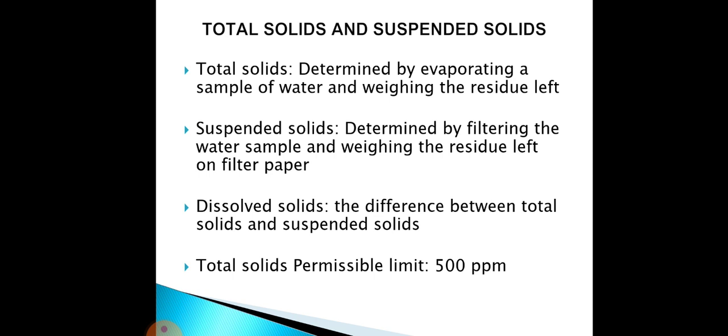When the value exceeds this, the water is unfit for drinking. Only if the total solids present in a given sample of water is within 500 parts per million is the water fit for drinking, or we can say the water is potable.